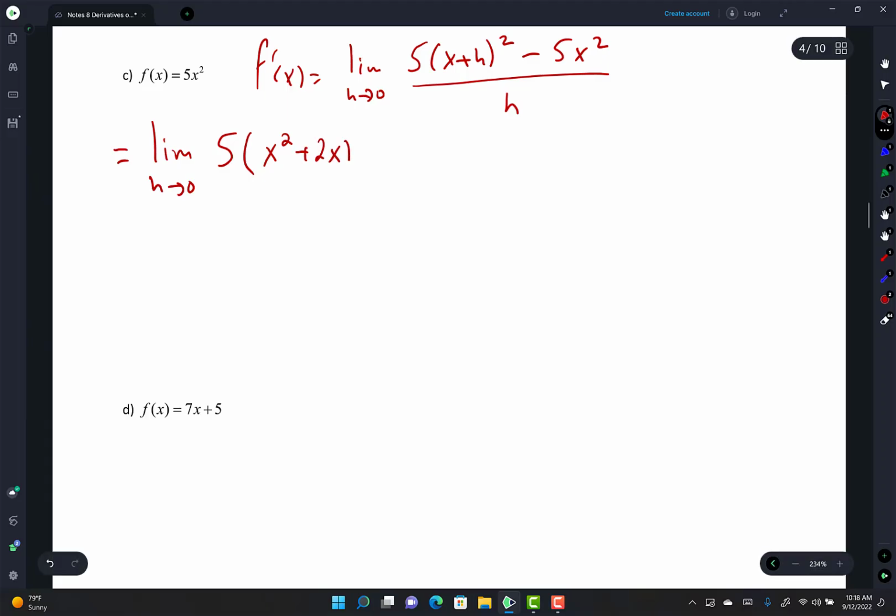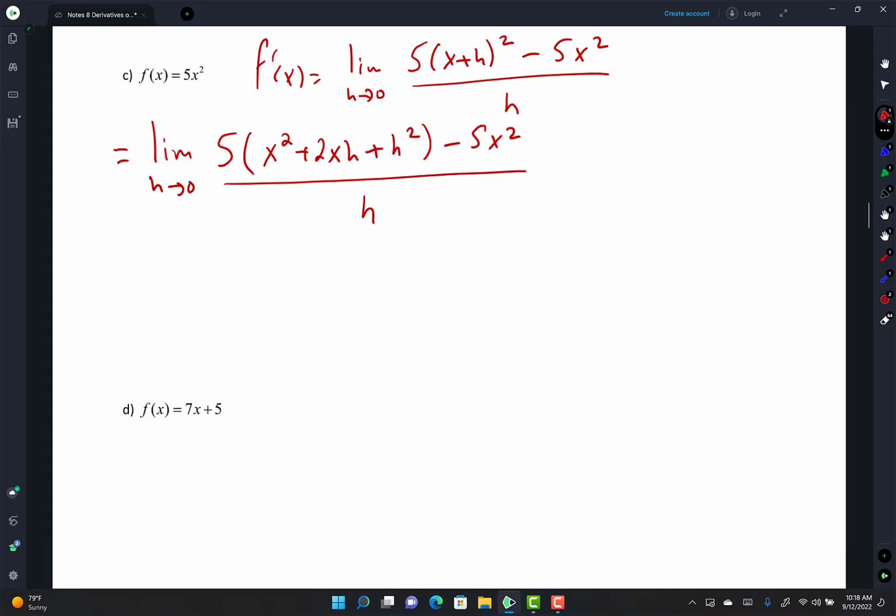So 2xh. H times h is h squared. And I'll slow down. Yeah, we're about to distribute it. Yeah, that's fine. Let's see if it fits.